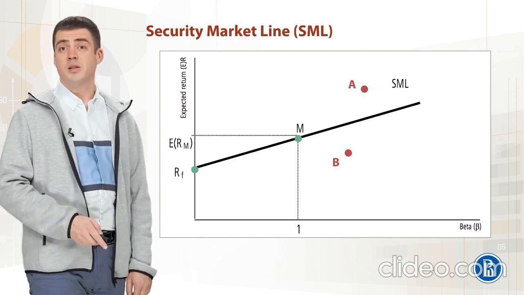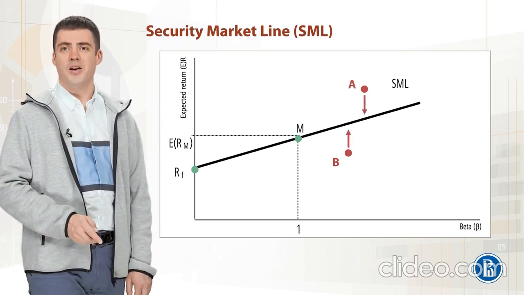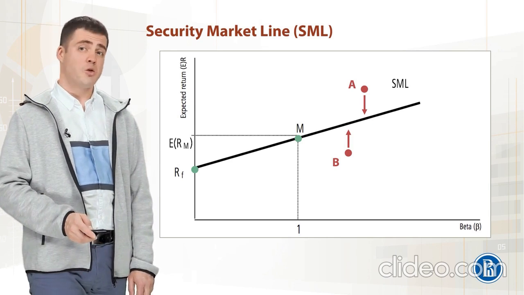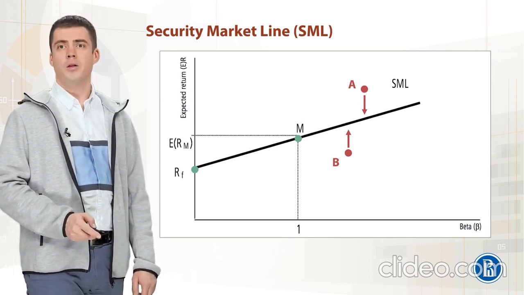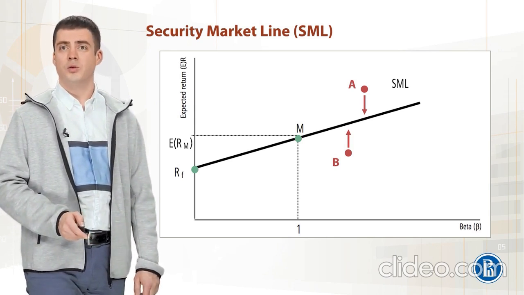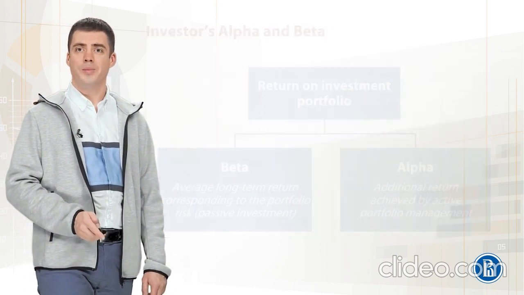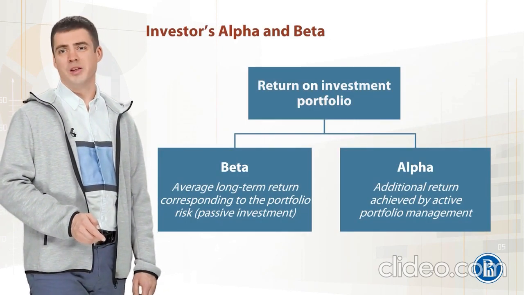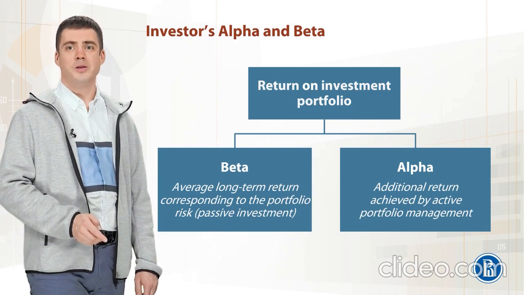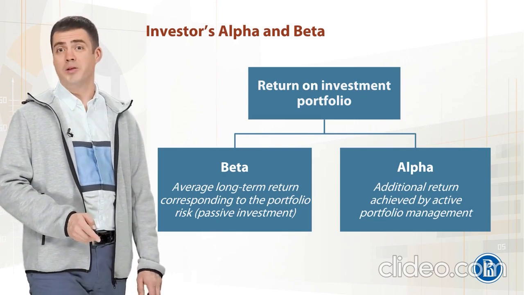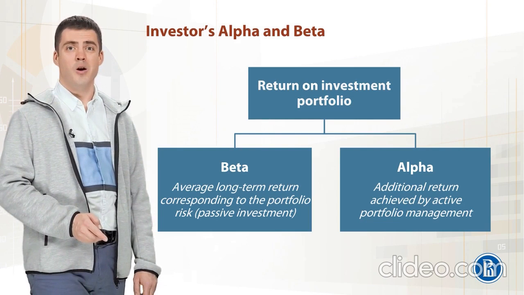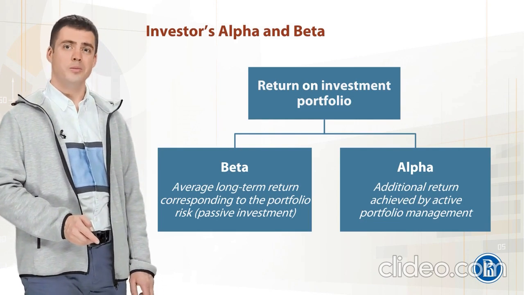So the capital asset pricing model implies that even though short-term discrepancies may occur, in the long run, the market tends to reach equilibrium. There is one more interesting thing I would like to talk about when describing the theoretical implications of the capital asset pricing model.